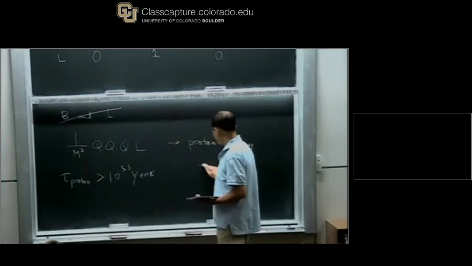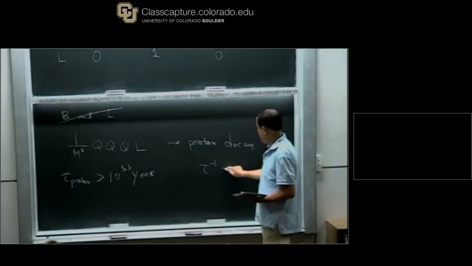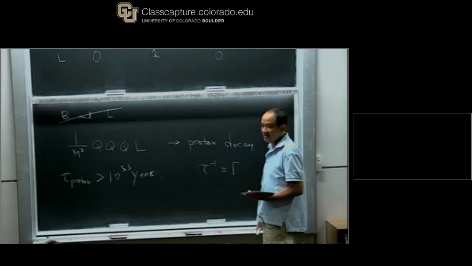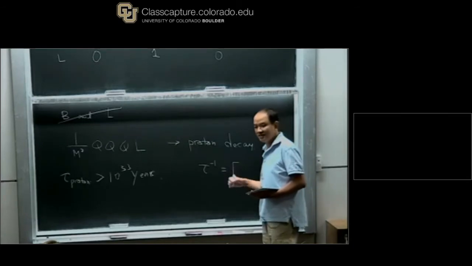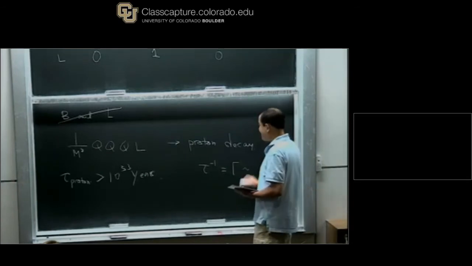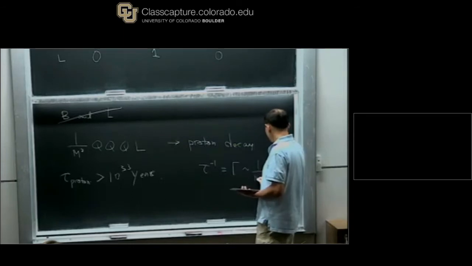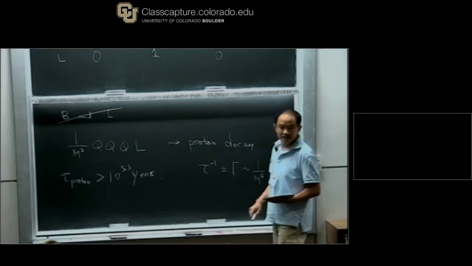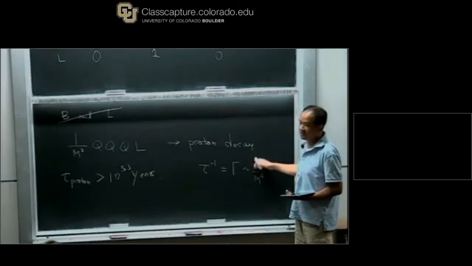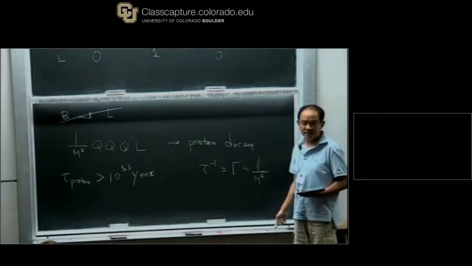So the way to do it is, the inverse lifetime is what we call the width of the proton. What's the unit of width? GeV, right? Mass. And so it has to be proportional to this operator squared. Right. So 1 over m to the 4th. And this doesn't look like the right unit. So something upstairs has to make up the unit.